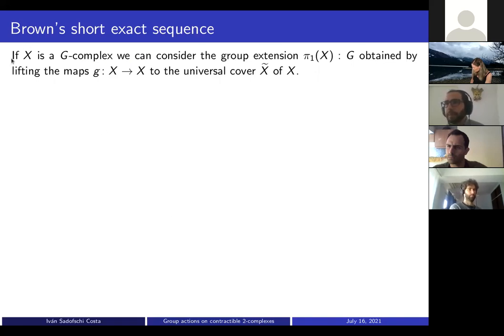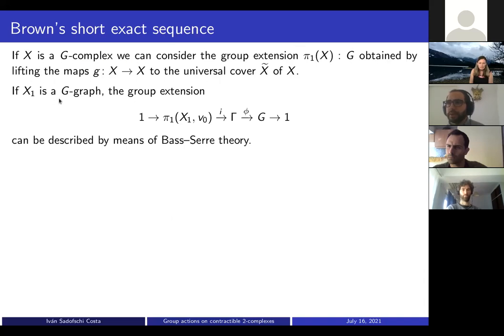So if X is a G complex, we can consider this group extension of G by the fundamental group of X, which is obtained by lifting all of these homeomorphisms to the universal covering space X tilde of X. And when X is a graph, we have this extension, which is described by means of Bass-Serre theory.